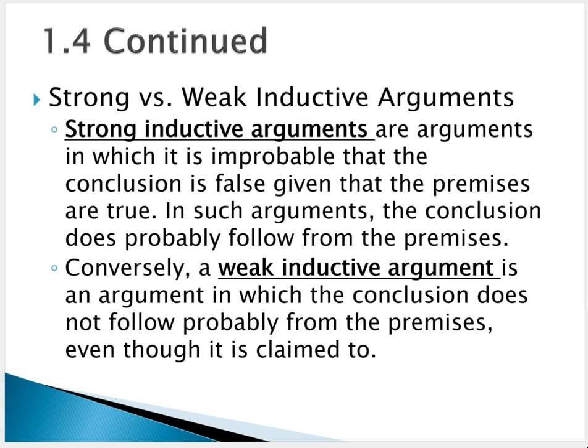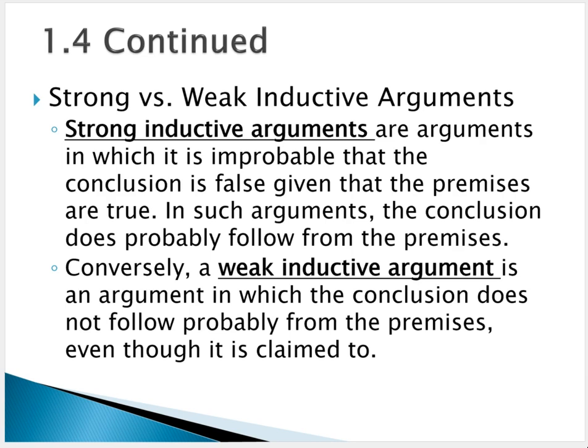There are strong arguments and there are weak arguments. So a strong inductive argument is an argument in which it is improbable for the conclusion to be false, given that all the premises are true. It's highly improbable. In such arguments, the conclusion does probably follow from those premises. Conversely, flip it. A weak inductive argument is an argument in which the conclusion does not probably follow from those premises, even though it claims it does.